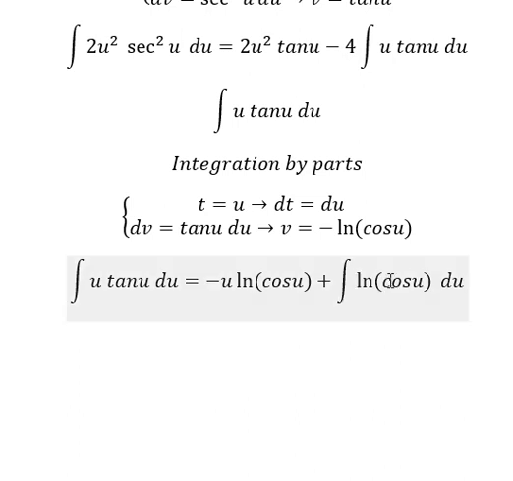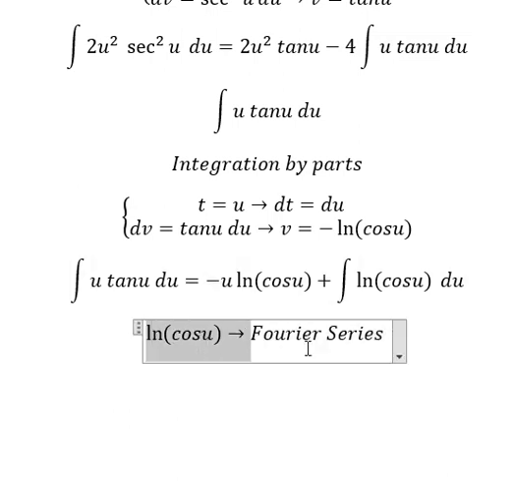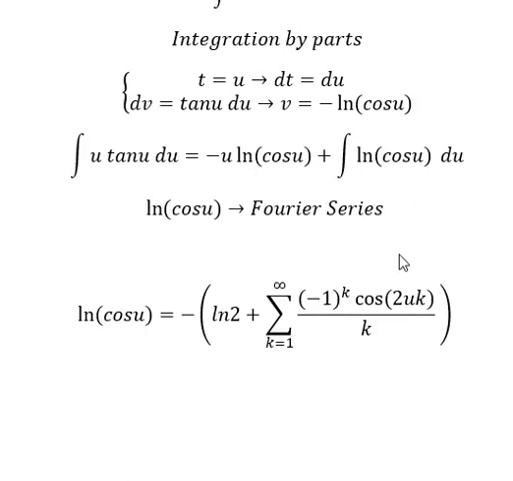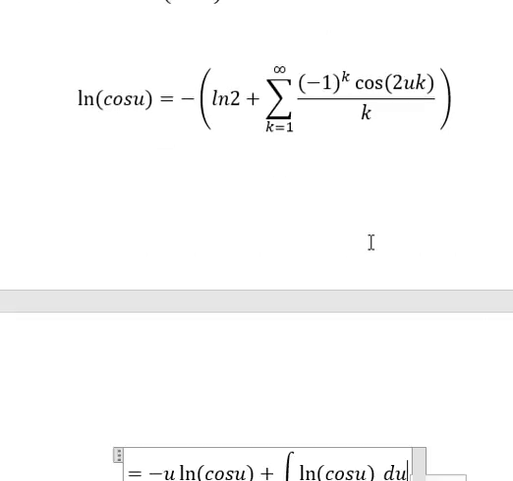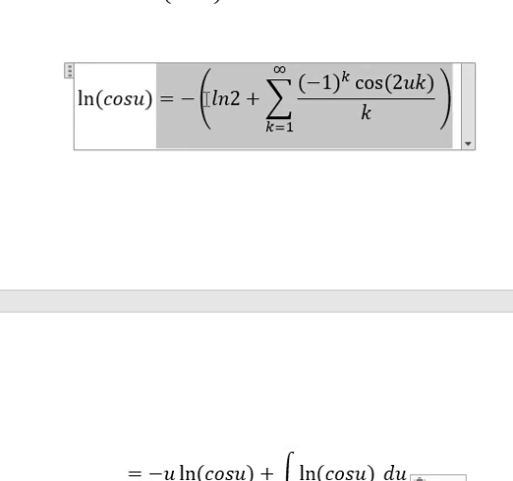Now about this one, we can use the Fourier series here. So in this situation, this one should be like this. Now we need to transform ln cosine u into this one.